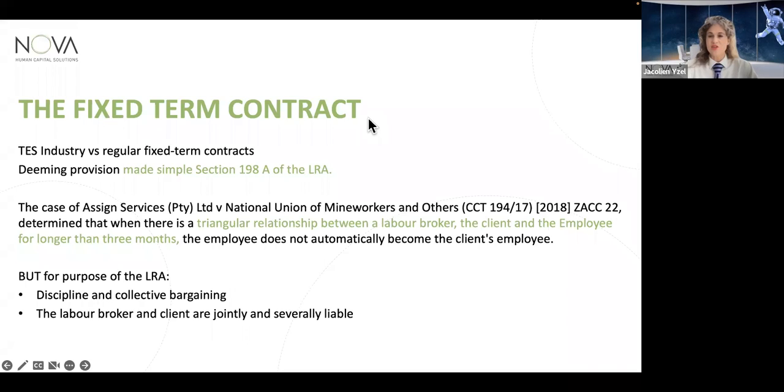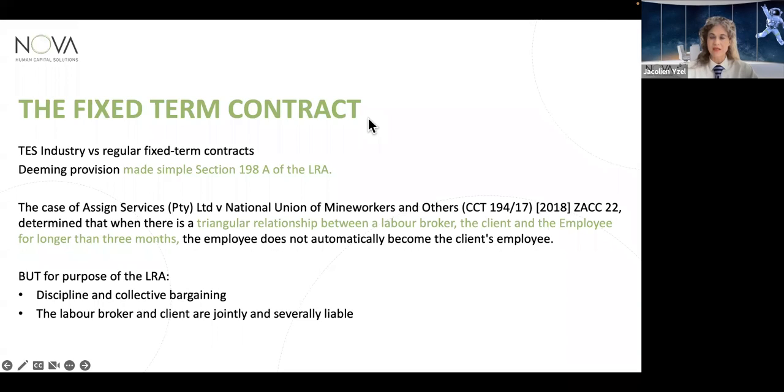The deeming provision went through all the different courts, from the labor court all the way to the constitutional court. It took about 3 years, from 2015, like you'll see there, until 2018, when the constitutional court gave us clarity. What the deeming provision says is, if the employee has been on the client's site for longer than 3 months, the employee will be deemed the permanent employee of the client.